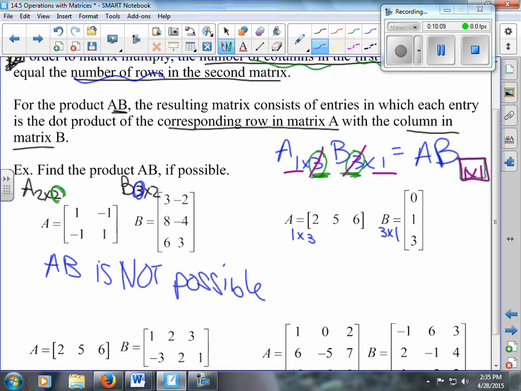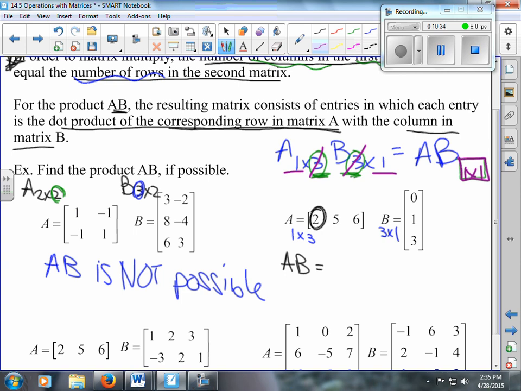And then we're going to do some harder examples next. So what is AB in this example? Well, you take the dot product, so each entry, the dot product of the row in matrix A with the column in matrix B. Well, I only have one row in A and one column in B, and so I'm going to do the dot product of A dot B.